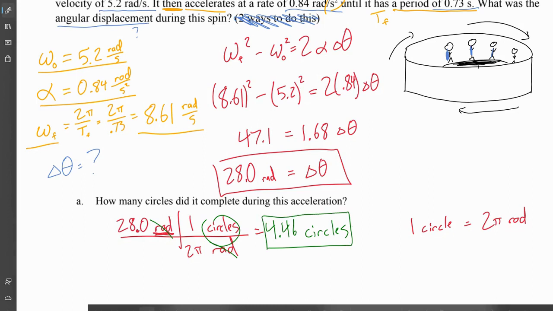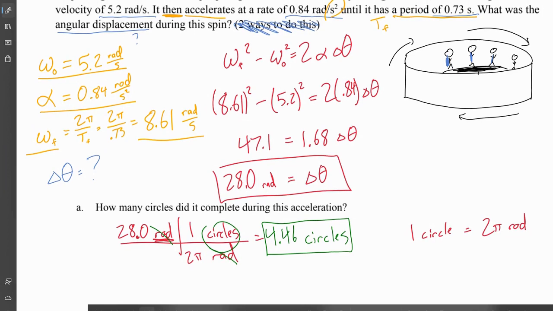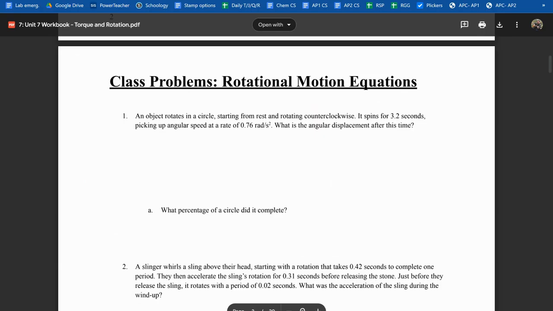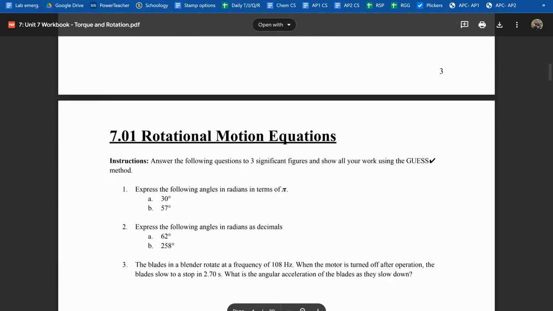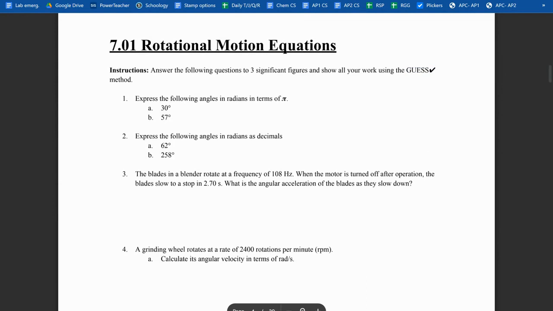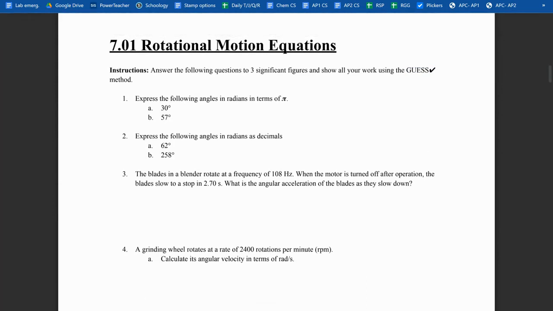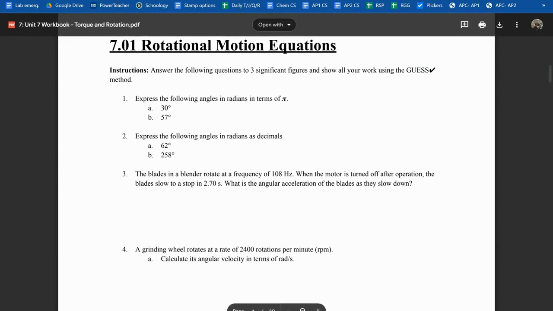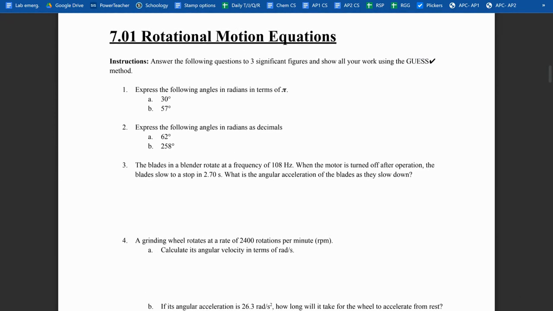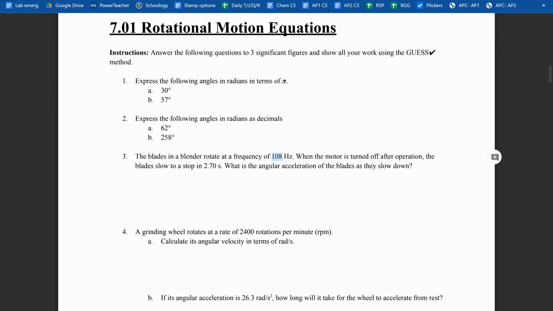All right. Well, that just about does it for our video here on rotational motion equations. This is meant to go with assignment 7.01 from your workbook. So there's our class problems. 7.01 starts off with, right, express the following angles from degrees to radians, because you need to know how to solve for radians.